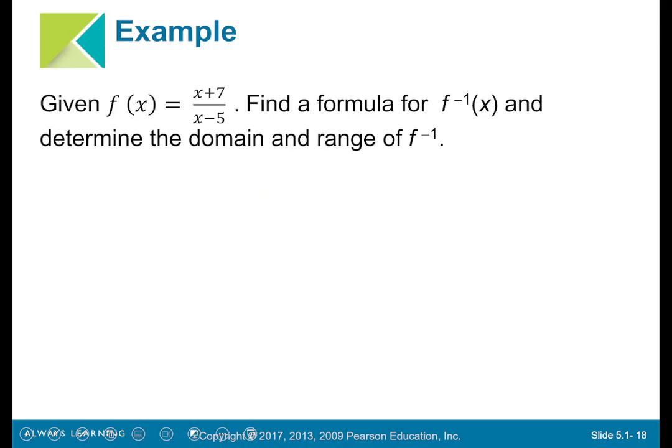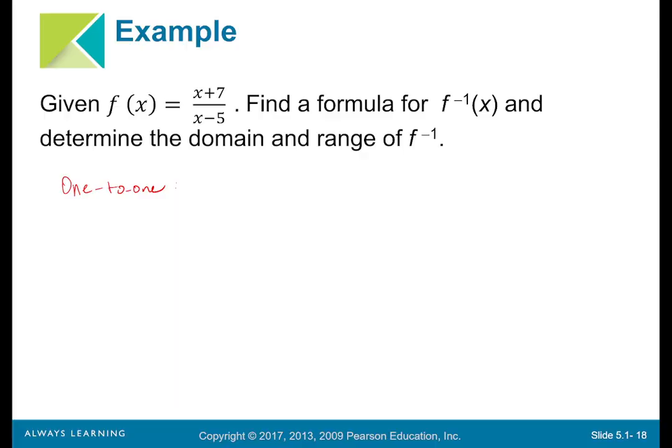So given our function f of x equals x plus 7 over x minus 5, find a formula for f inverse and determine the domain and range. So first we're going to check, is this function one-to-one? And we're going to check this by looking at our graph.